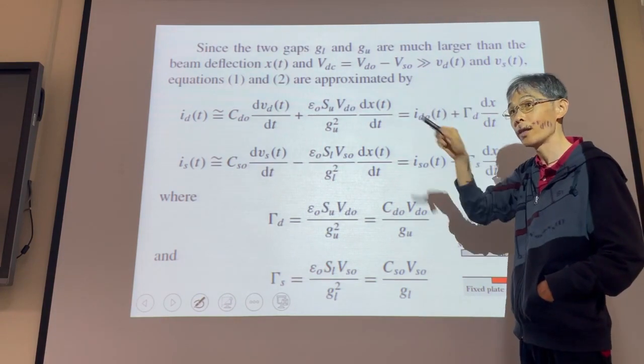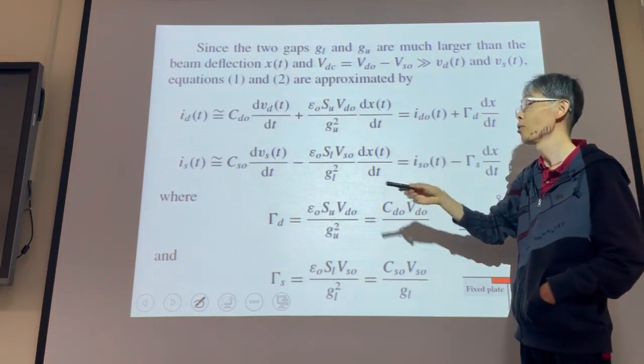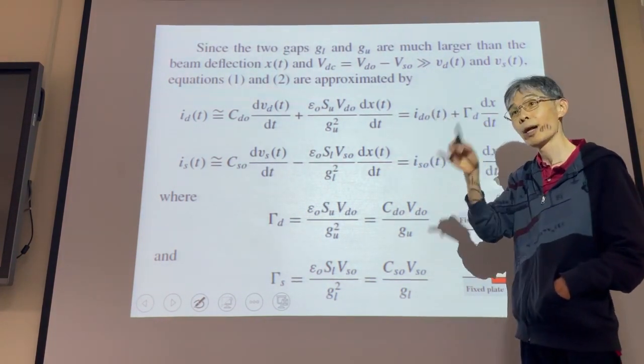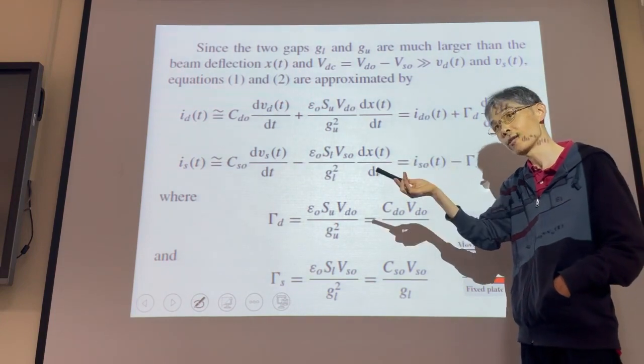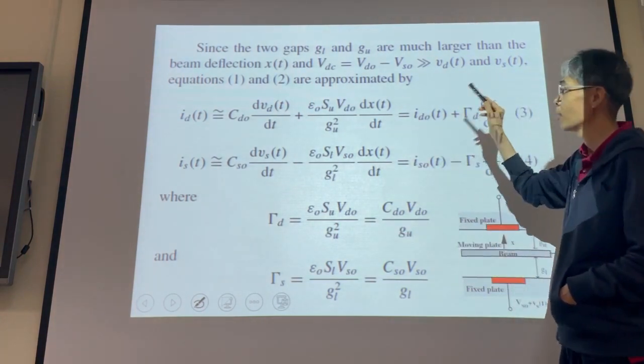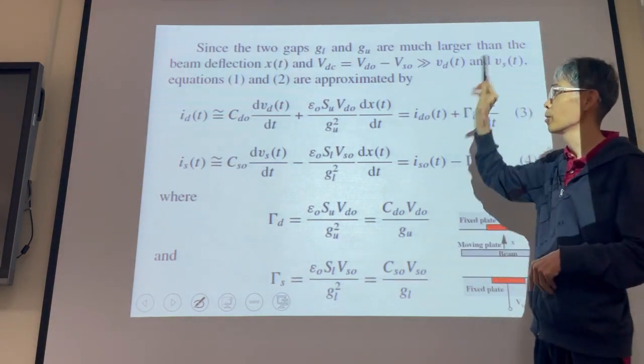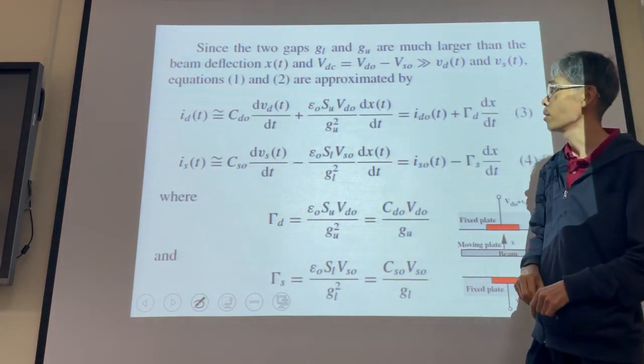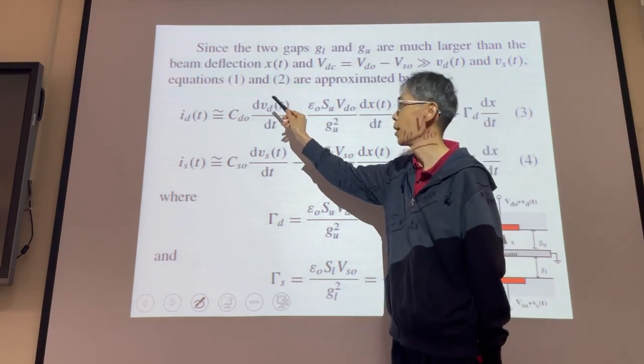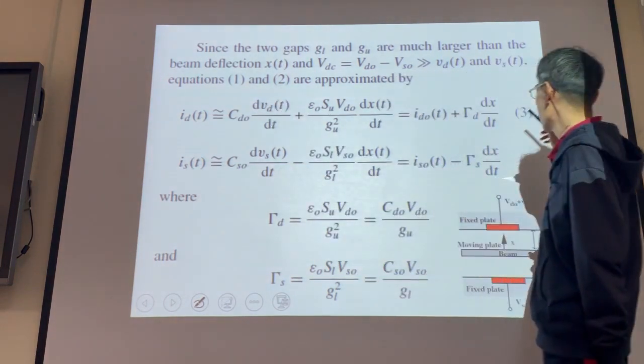If you have one, it means larger. If you have two, it means much larger. Okay, so under this condition, we can simplify 1 and 2 to 3 and 4.